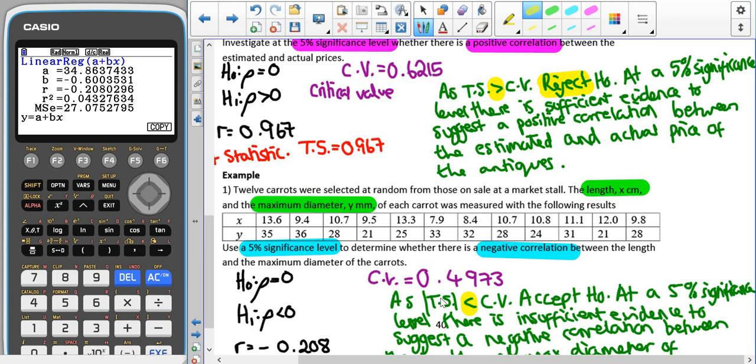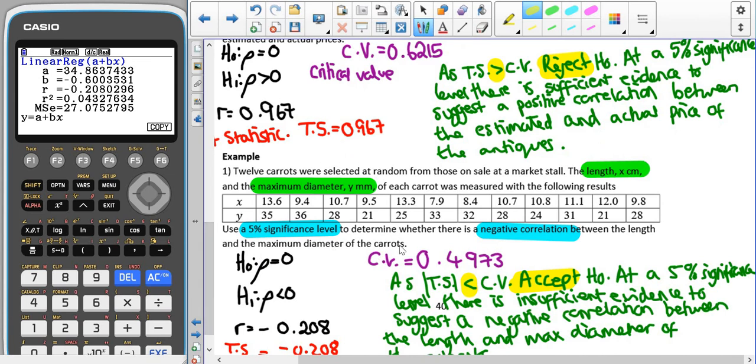If the size of your test statistic is less than your critical value, then you will accept H0. You still have to state what significance level you used. However, if you are accepting H0, you say that there is insufficient evidence. If you're rejecting H0, you say that there is sufficient evidence. And then the rest of it is the same. You say what kind of correlation you were looking for and then what the two variables were.